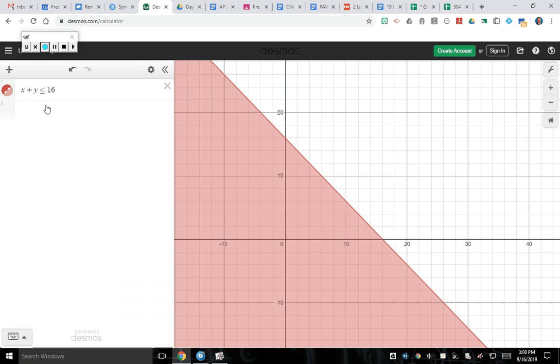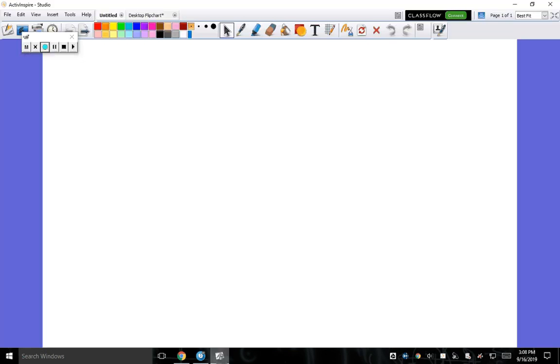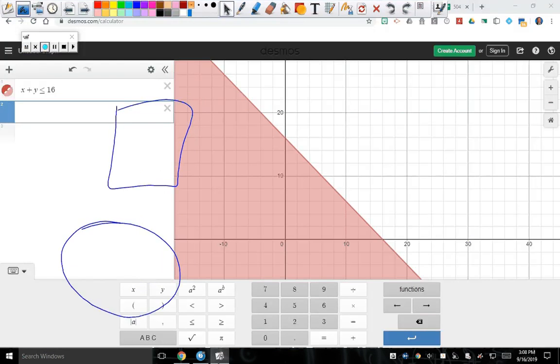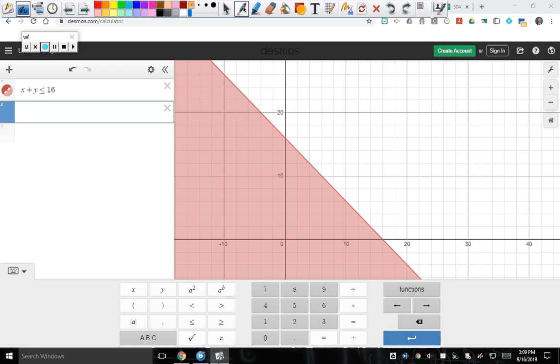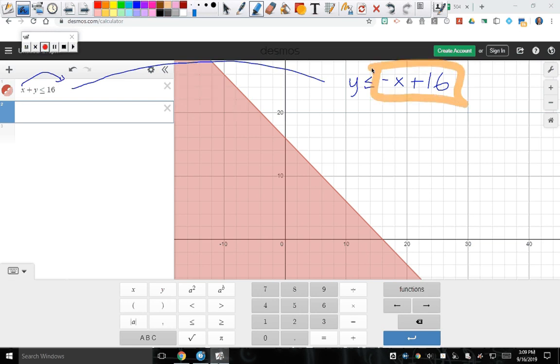Okay? Now, before he moves on, before he keeps going, we need to know how to do this by hand because our quiz is going to be non-calculator as well as calculator, okay? So if we're doing this by hand, we're going to get y alone, and it looks like this. All I did was subtract x over to the other side so that I could get this equation.